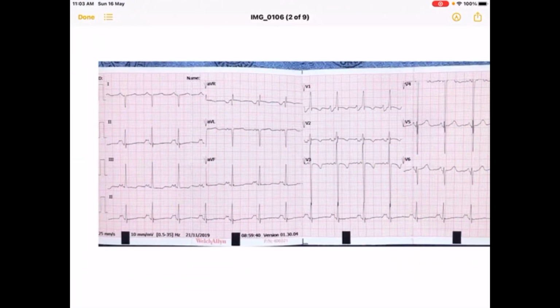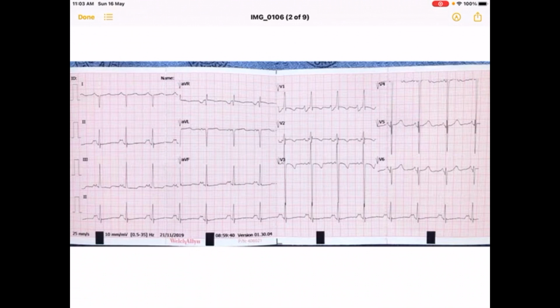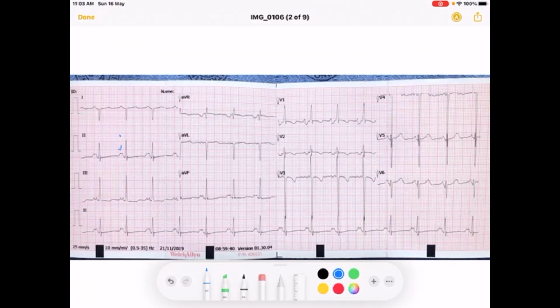Again, see lead 2. In lead 2, again there is notching over the P wave. The length of the wave is 2, so it is not right atrial hypertrophy, whereas the width is 3 small squares.